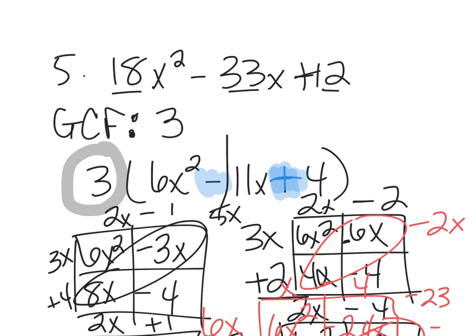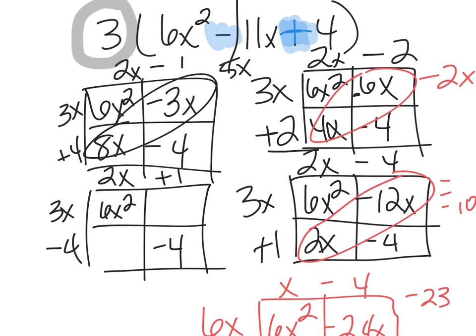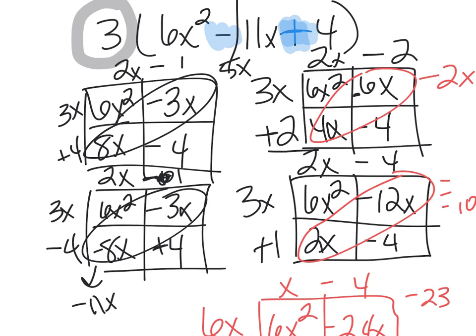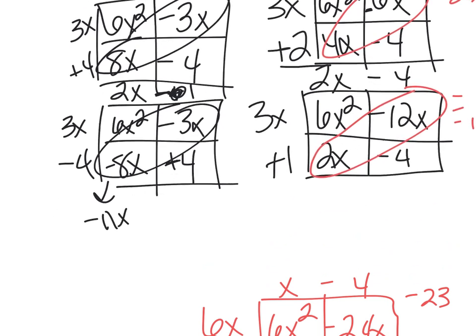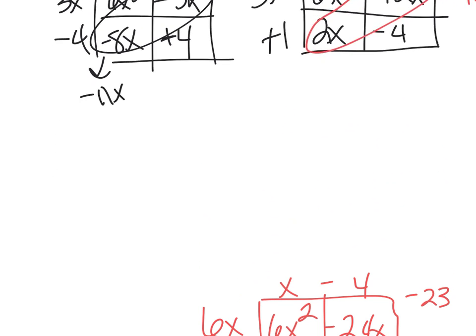So I need both of these to be negative in order to get a positive here. Which makes sense because now I have negative 3x and negative 8x, and that will give me negative 11x. Sometimes it takes some time, especially if you don't write the problem down correctly to begin with.